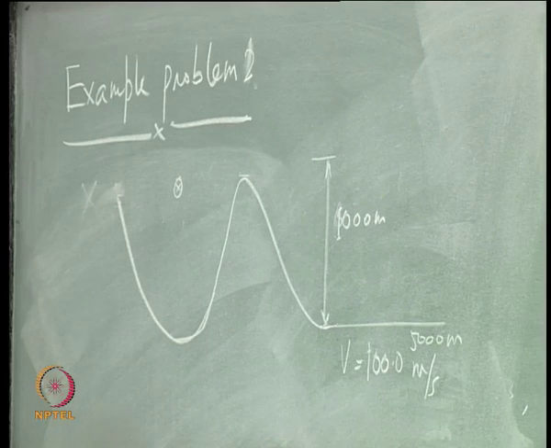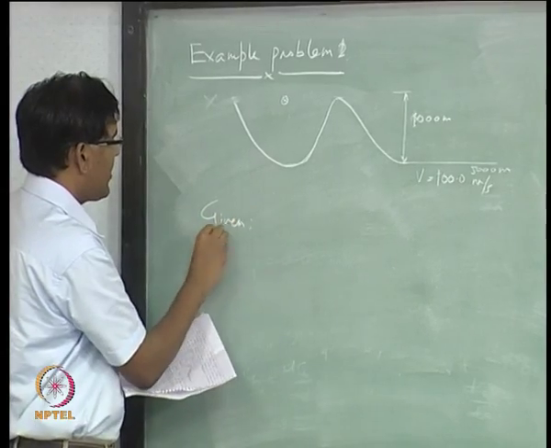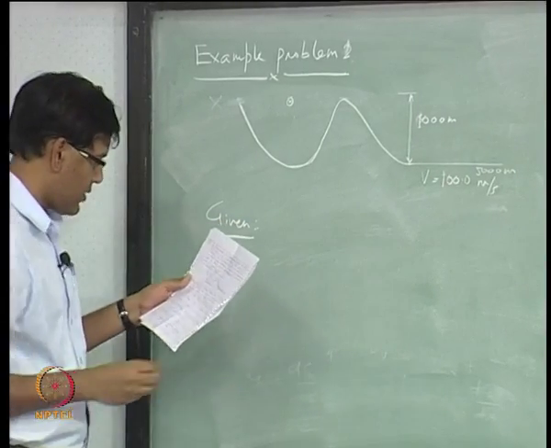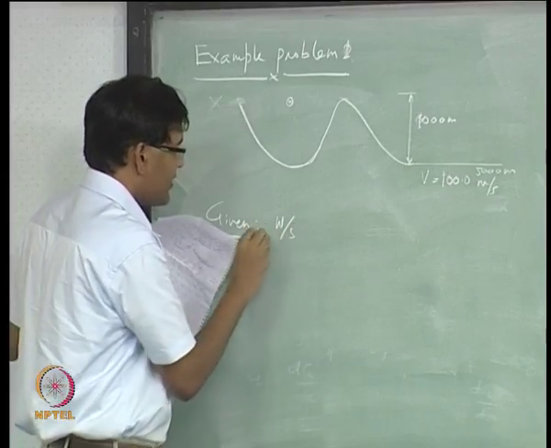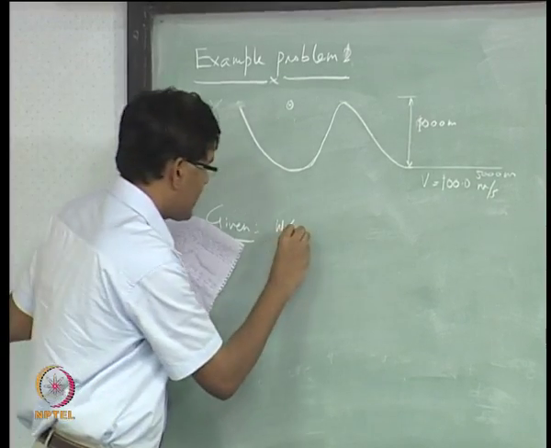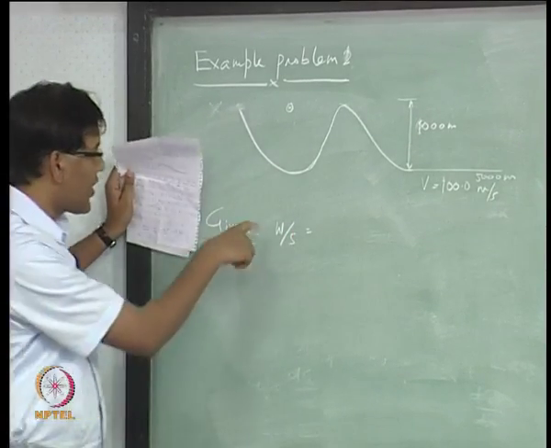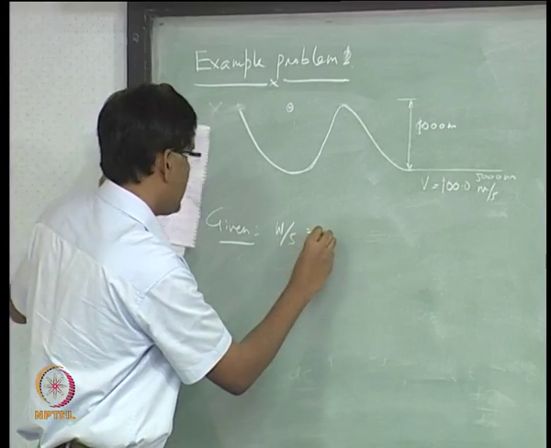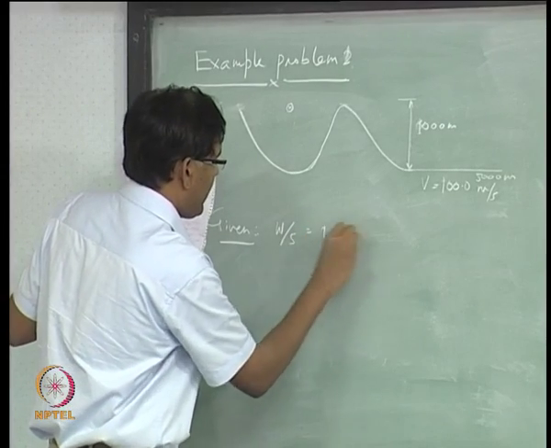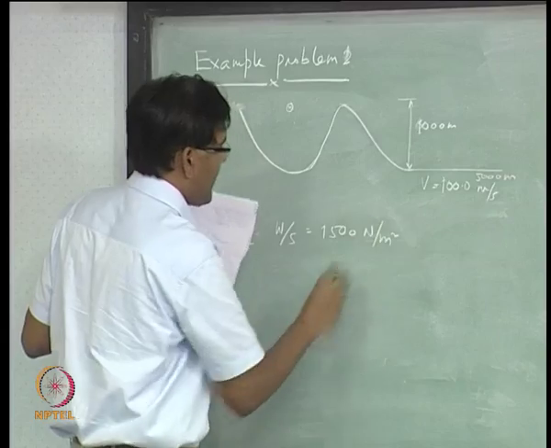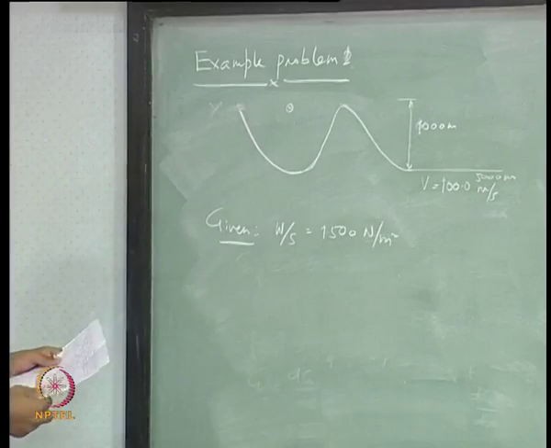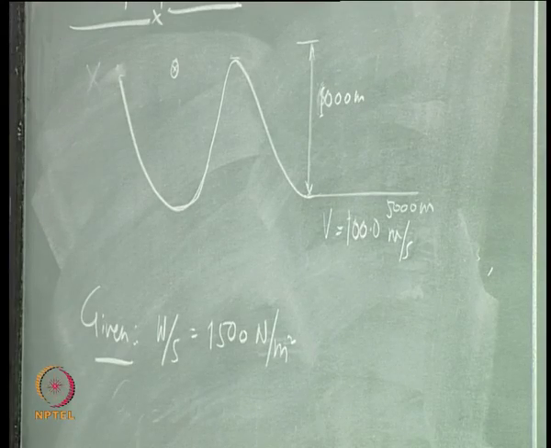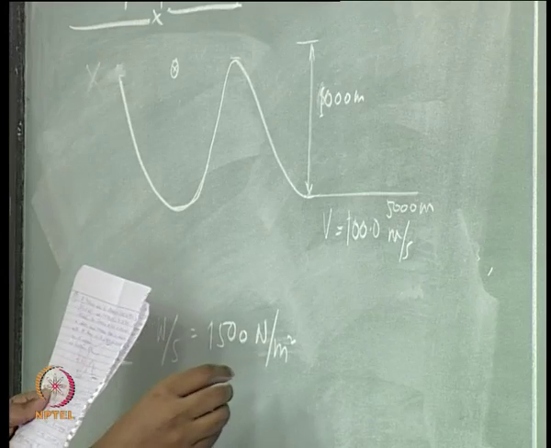Right. So, given some data which are like this, wing loading is 1500 Newton per meter squared.